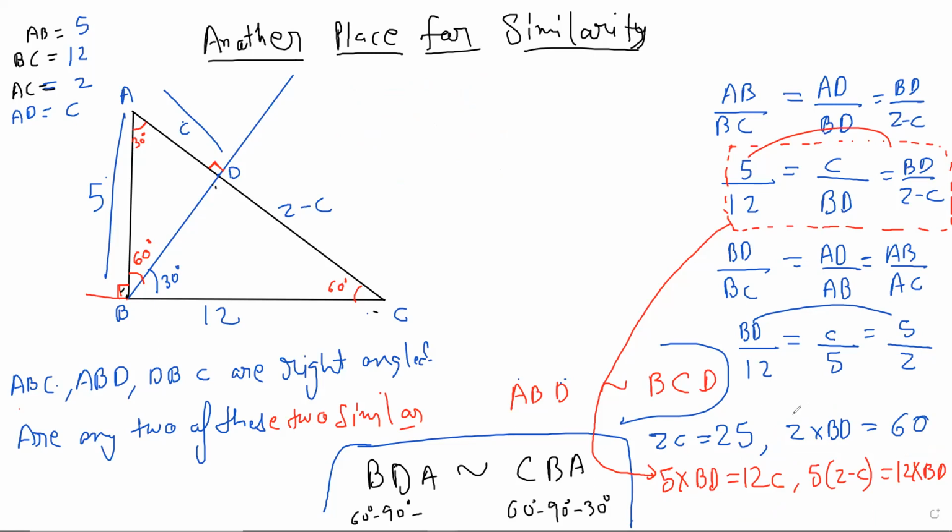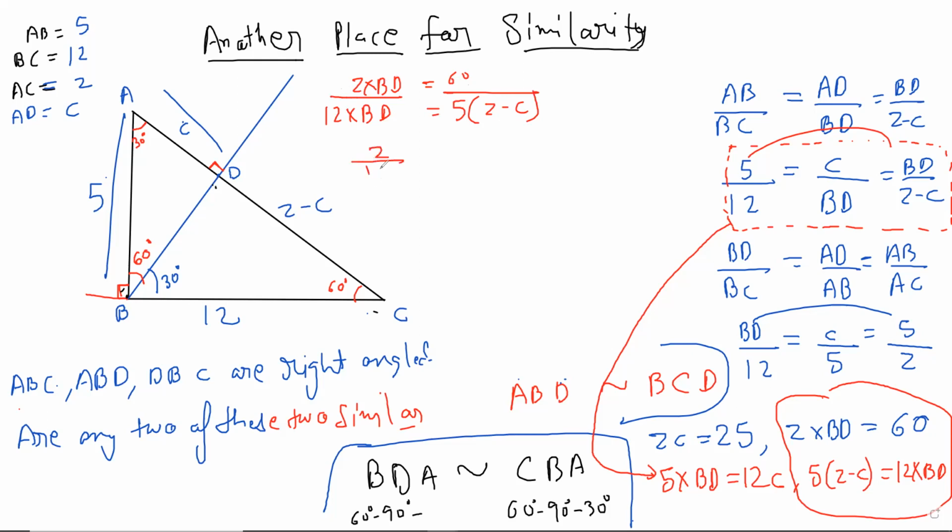So what could you do? You could try to use this one then maybe, and see. One of them has to work. 12 times BD equals 5 times Z minus C. Again, I'll divide this to remove BD. 60 over Z minus C. Now you can write it.